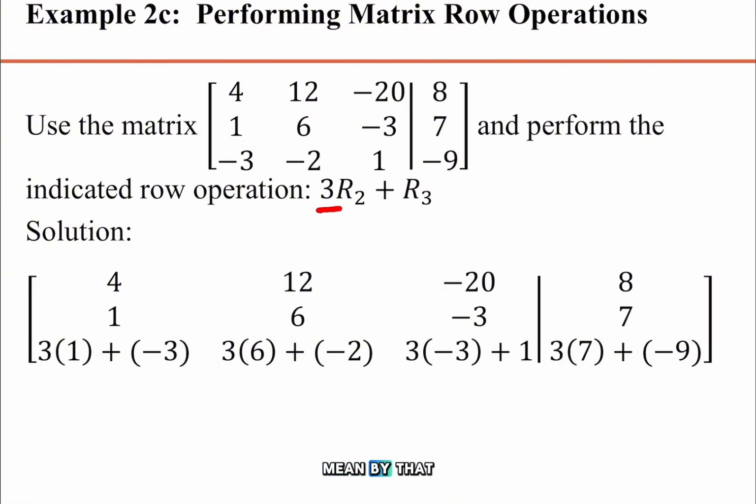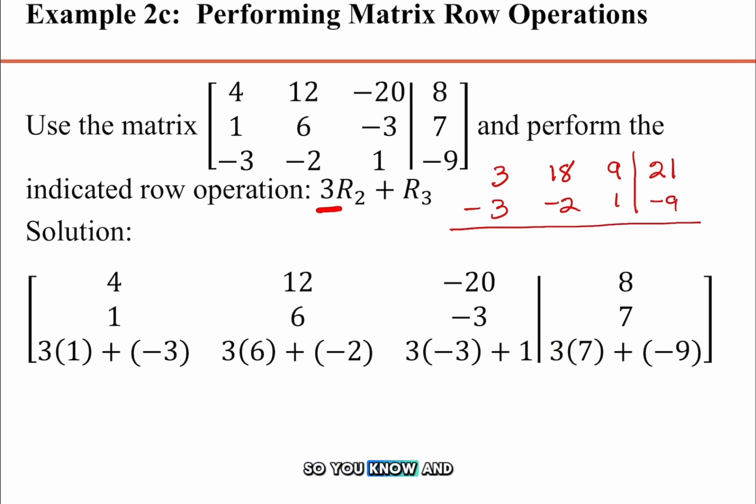So what do I mean by that? So we would take 3, we have 18, and then we have 9, and then we get 21, and then we just add it to row 3. So we just copy that, and -9, and you can even put the little bar there so you know. And then we get 0, 16, 10, as long as I did my math right.